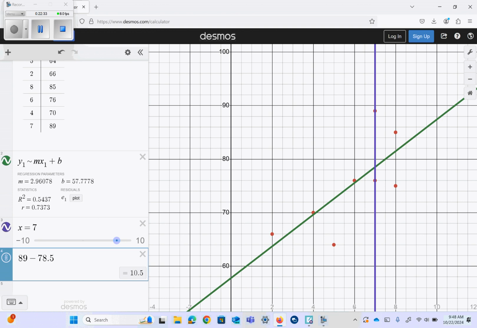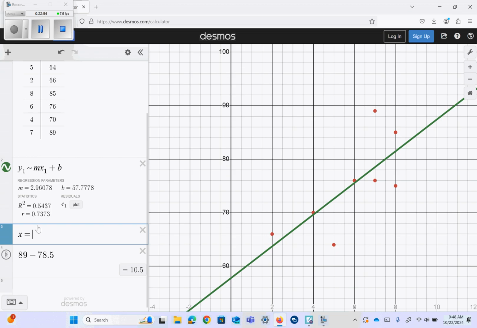Calculate the residual. That person had a job satisfaction of 6. Job satisfaction of 6 is here. 6, 76 came from our data. So now I want to figure out the 6. So what should I do on decimals? What should I change this to? What should I change that to?